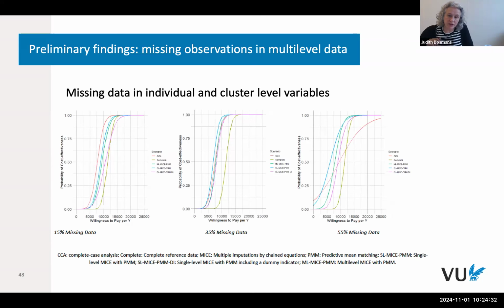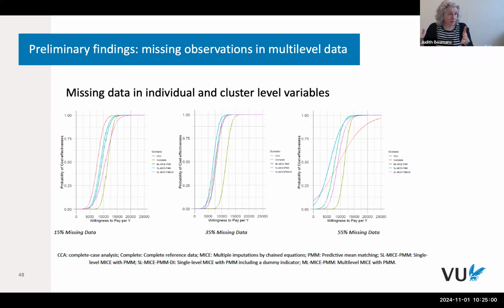And then in the second scenario, we had missing data in both individual and cluster level variables. And in that scenario, we saw that multiple imputation methods that also take into account the multi-level structure of the data performed better than the multiple imputation methods that do not take the multi-level structure of the data into account.